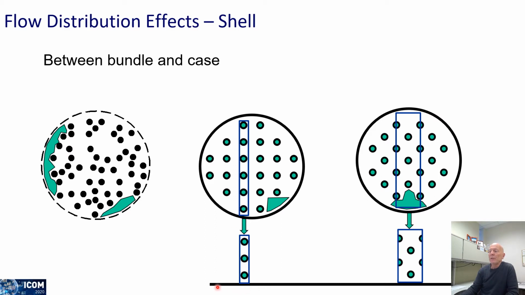What we're going to do is assume that we just have a rectangular bundle and that these fibers are packed up against a flat surface like this, a planar surface, for both regular square packings as well as for regular triangular packings. And the question we're going to ask is, what is the effect of having these fibers at different distances, this closest fiber being at a different distance from the case wall here? What effect does that have on performance?